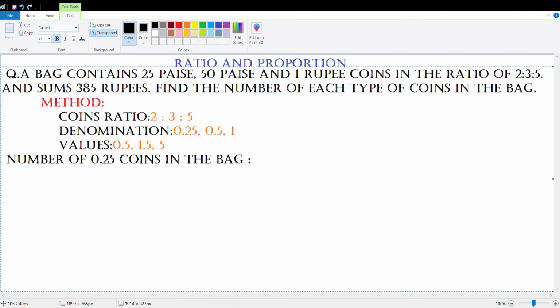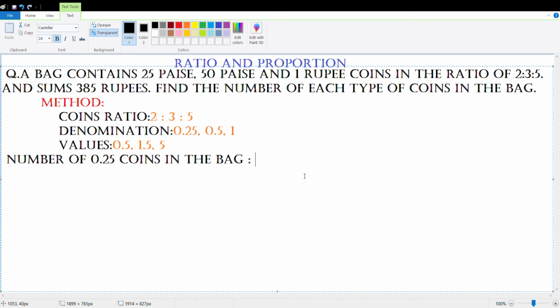So the process starts here. So first, we calculate all the values that I've gotten, which are 0.5, 1.5, and 5. So we're calculating 0.25 coins in the bag. So we write 0.5 as we got that as a value for 2 and 0.25.